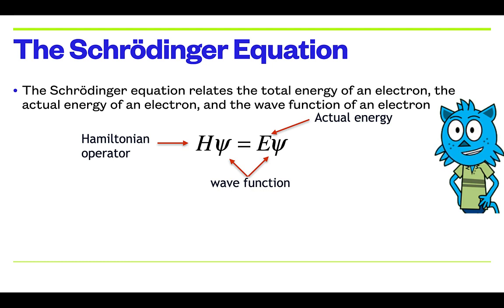The wave function itself is that combination of exponentials and sine waves. The E is the actual energy of that electron. And so if you can get Hψ to equal Eψ, then the ψ, you now have a wave function that will describe the motion of that electron.